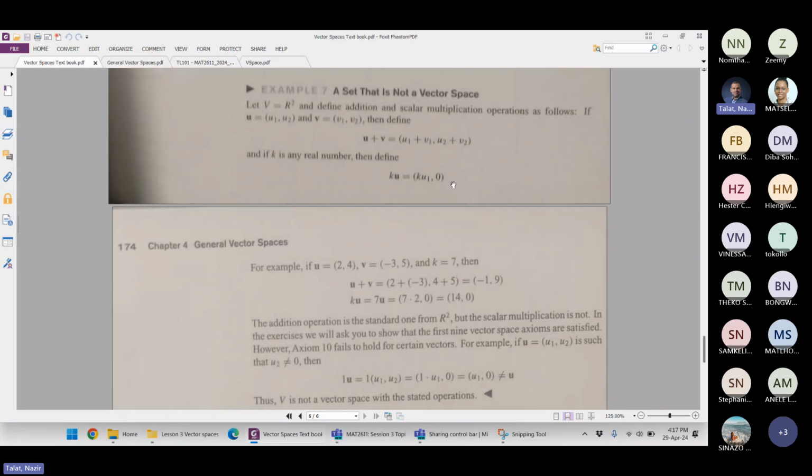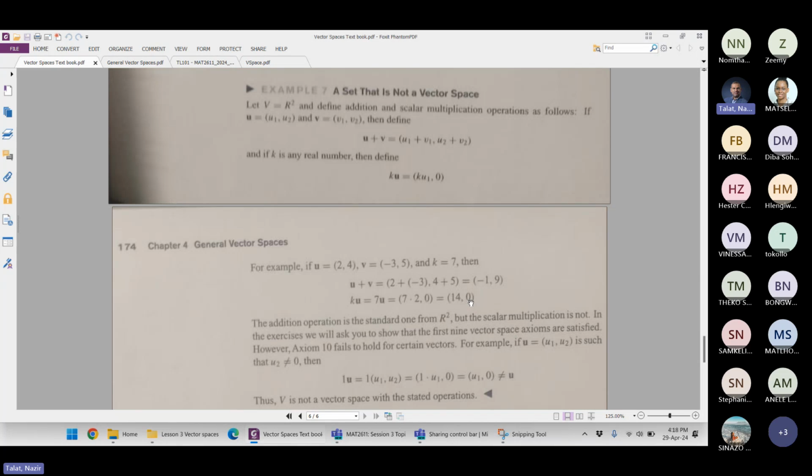Even you can check that k times u, suppose k is 7 and u is any given vector, 2 comma 4. Then the scalar multiplication is available only in this way, 7 times 2 comma 0, because the next entry is fixed as 0, so it becomes 14 comma 0.